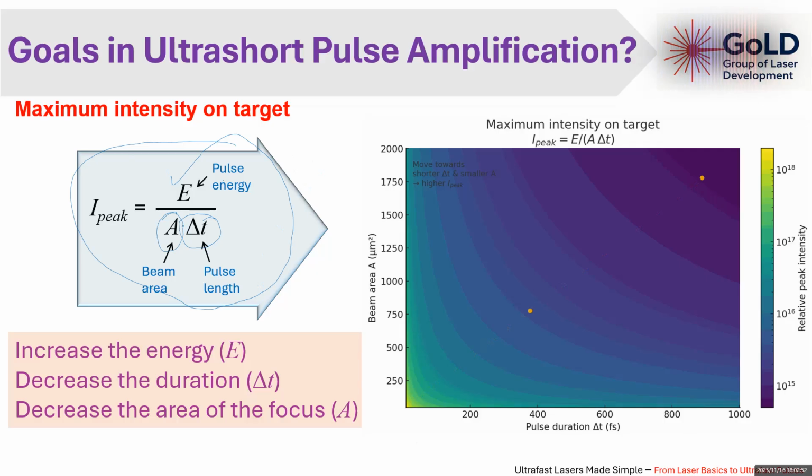Okay, and this relation: intensity is directly proportional to the pulse energy and inversely proportional to the pulse length and the beam area. If the beam area is increased, then intensity will be reduced. So the peak intensity is inversely proportional to the beam area, so beam area has to be controlled.